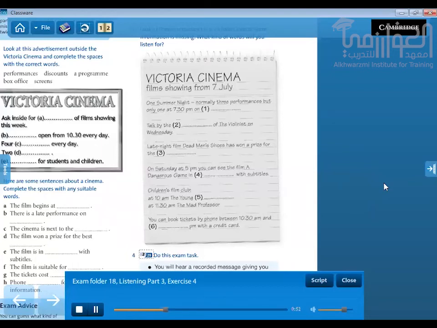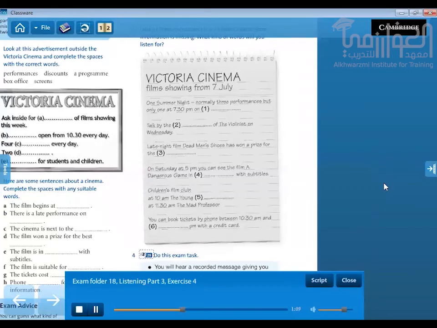Every afternoon, there is a showing of The Violinist at 2:30 p.m. And after the performance on Wednesday, the director, Mark Hawkins, will give a lecture about the film. This is included in the ticket price.